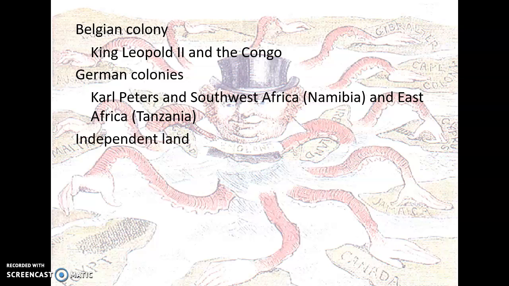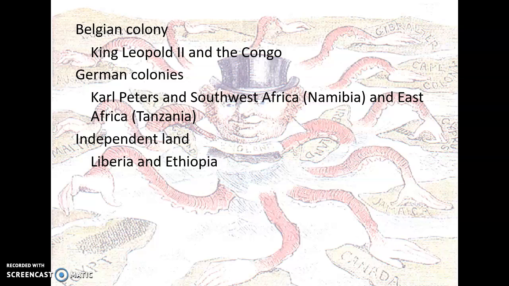Lastly, we'll talk about independent lands. As you all remember, Siam was the only land in Southeast Asia to keep its independence. As you can see on the map on page 429, two territories managed to keep their independence, Liberia and Ethiopia.